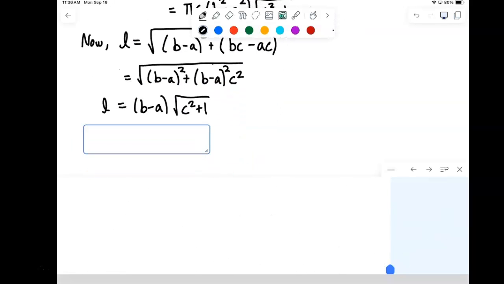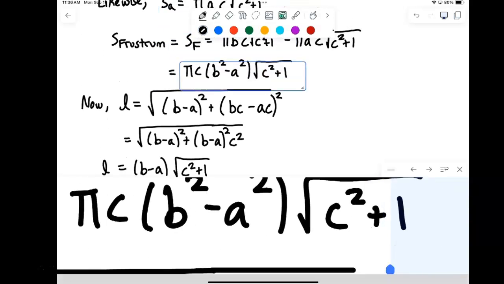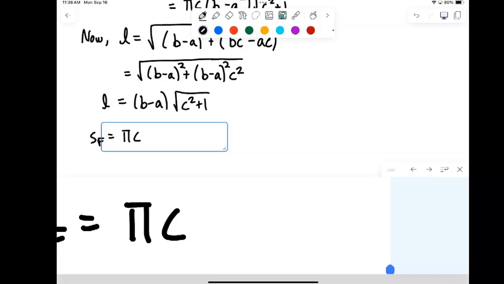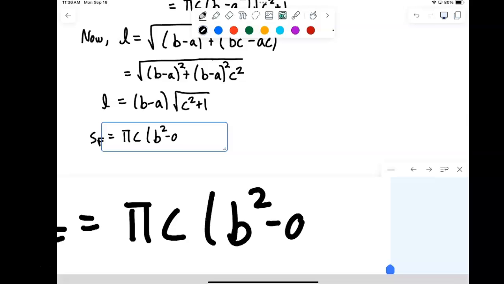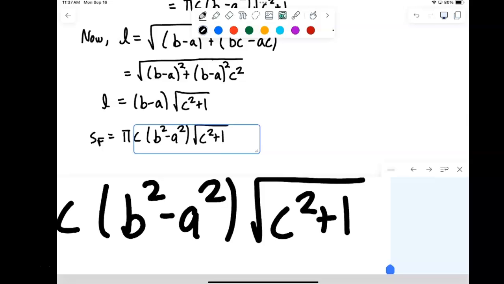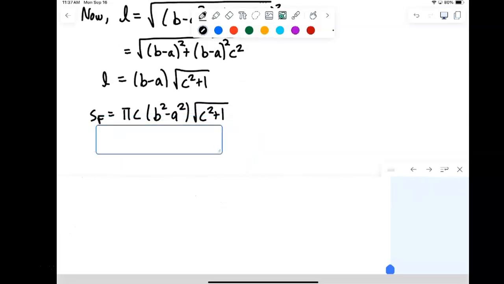So we start with S sub f equals what it was, pi c times b squared minus a squared times the square root of c squared plus 1. And we factor b squared minus a squared.